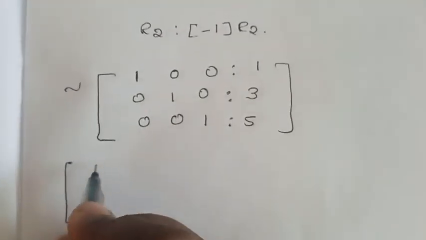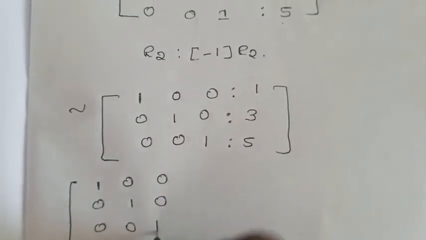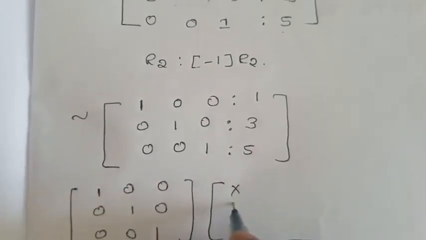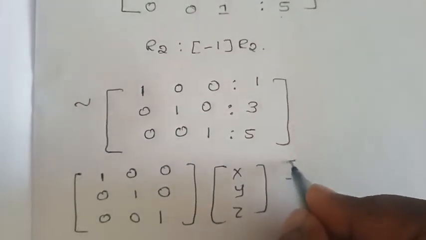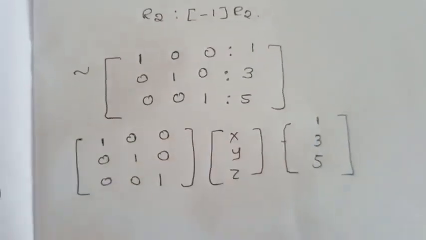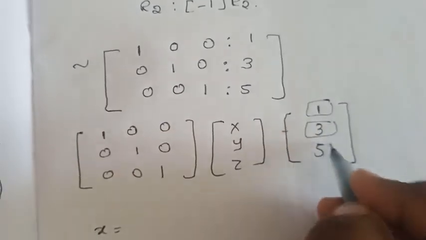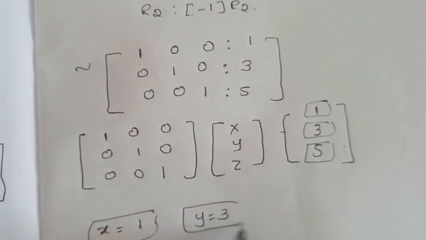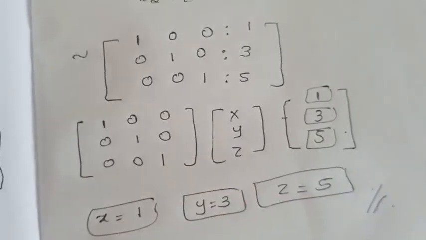It will be like 1, 0, 0, 0, 1, 0, 0, 0, 1, then X, Y, Z, then 1, 3, 5. So here we got the X, Y, Z values: X is equal to 1, Y is equal to 3 and Z is equal to 5. Okay, this is done. Thank you.